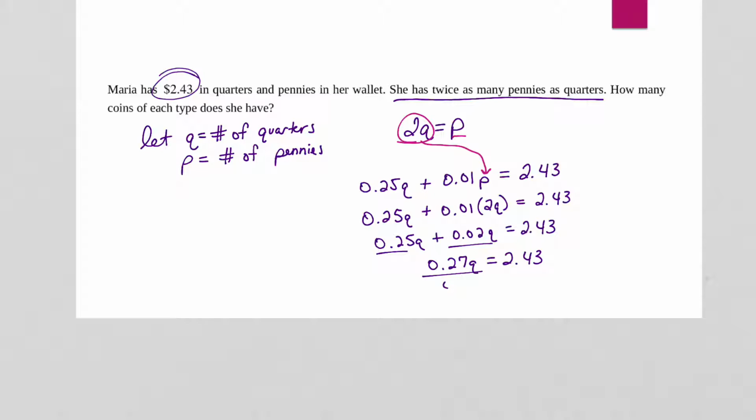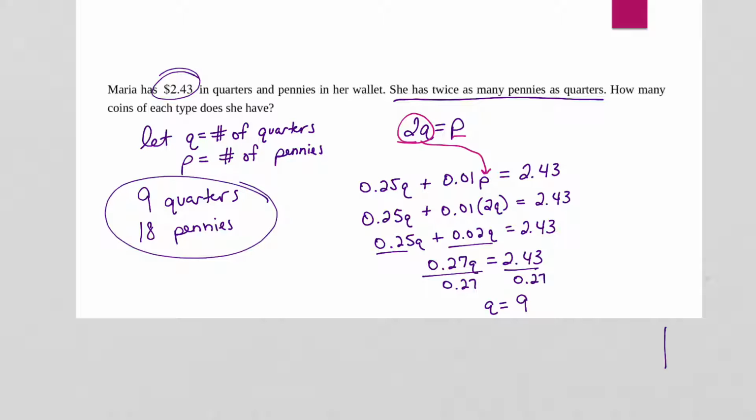And then I divide by 27 cents. So on my calculator, I will get 2.43 divided by 0.27. I get 9. Q is equal to 9. So what does that mean? That means I have 9 quarters. And it says I have twice as many pennies as quarters, so that means I have 18 pennies. There you have it.